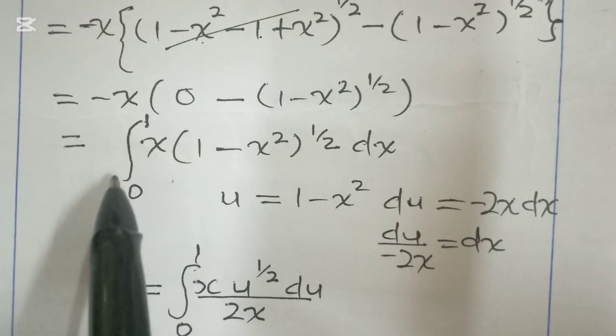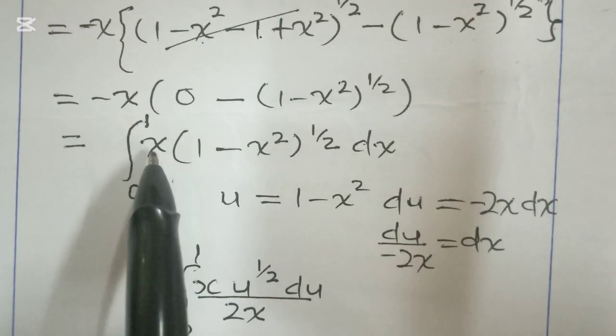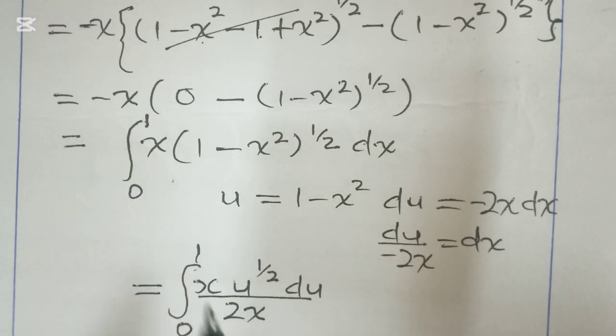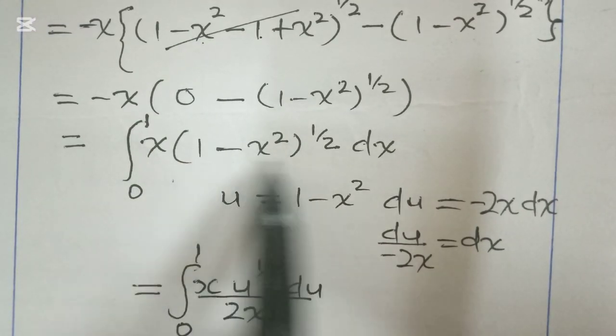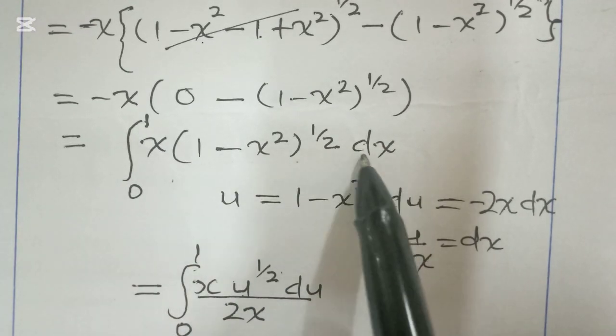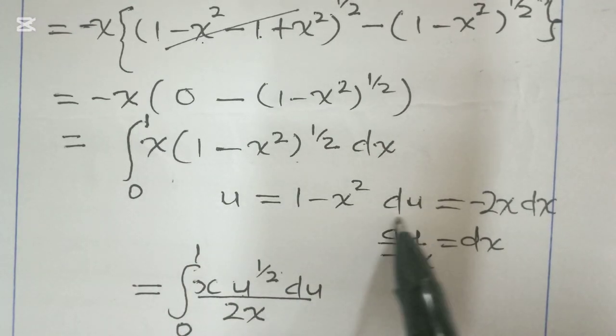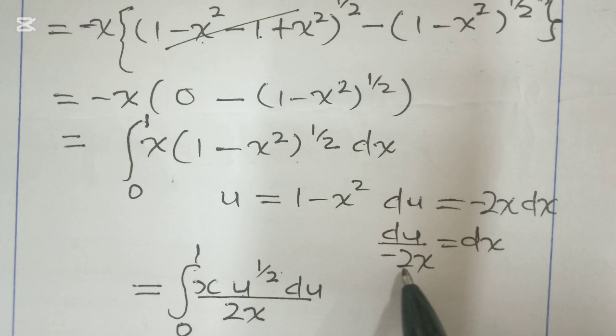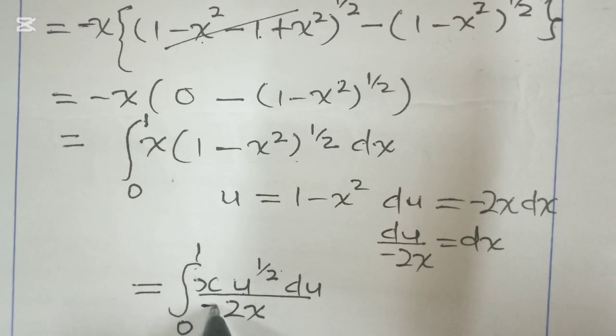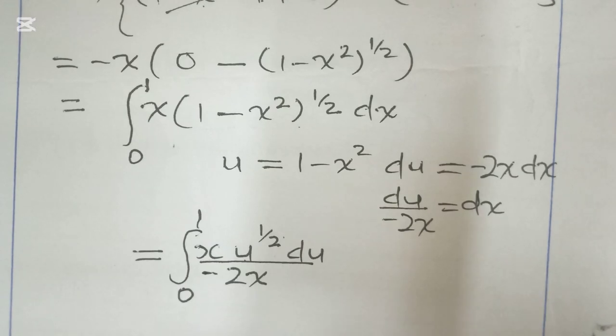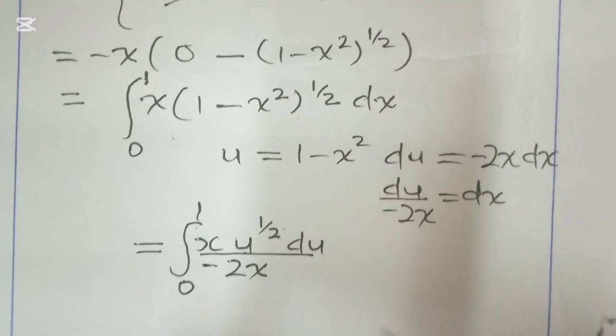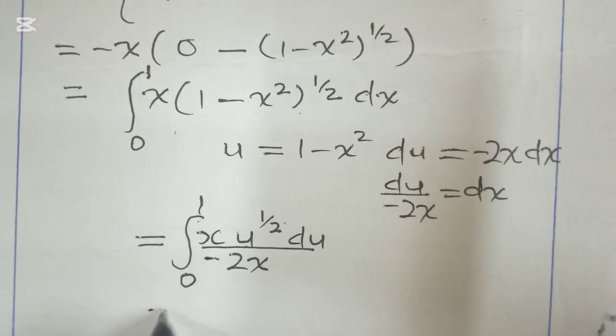So now guys, I come and replace this one, whereby we have x, that is the x, and this is now going to be u raised to a half, and then the dx is the same as du all over minus 2x, whereby we have a minus here, like that. So from there guys, we can come and integrate that.